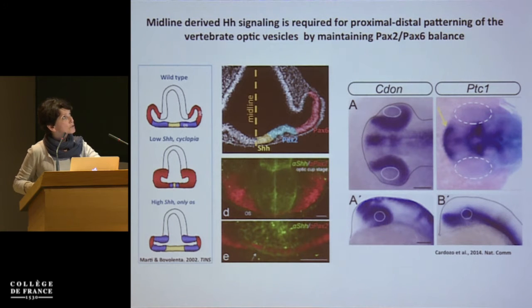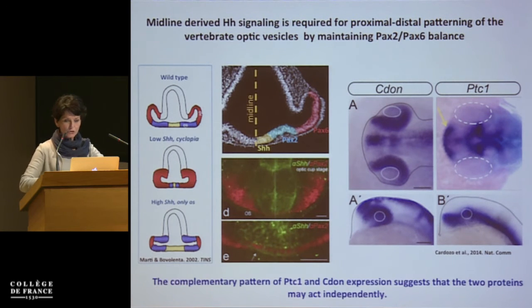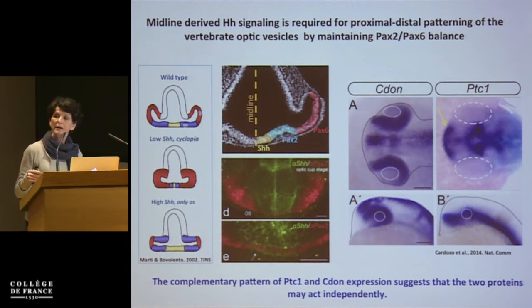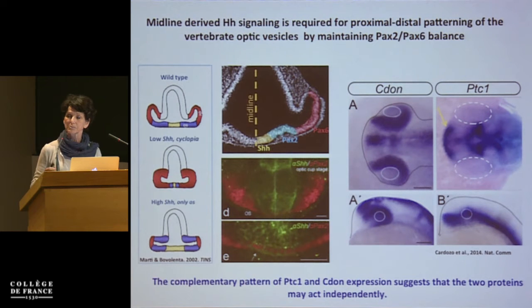Therefore, we postulated that this complementary expression pattern suggested that the two proteins are not interacting, but are likely acting independently. And therefore, the model I showed you before of Patched interacting with Boc for enhancing signaling was quite unlikely.